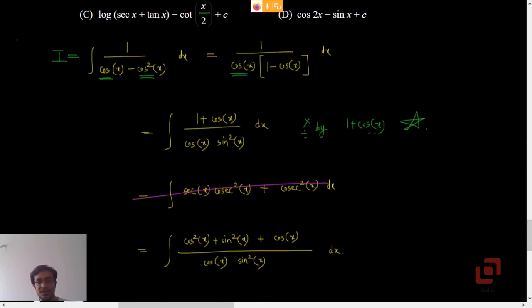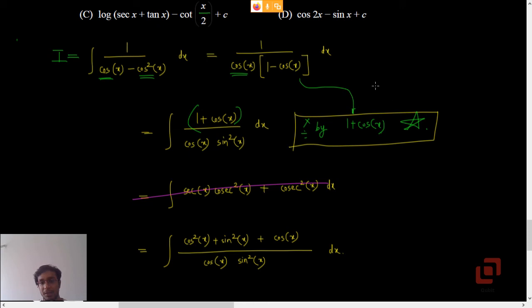See now what this particular step gives is the numerator will now be 1 plus cos x. But now when you multiply 1 minus cos x by 1 plus cos x, you will end up getting 1 minus cos squared x. A plus b into a minus b is a squared minus b squared, but this is nothing but sin squared x. Okay, so you can see sin squared x appearing here.